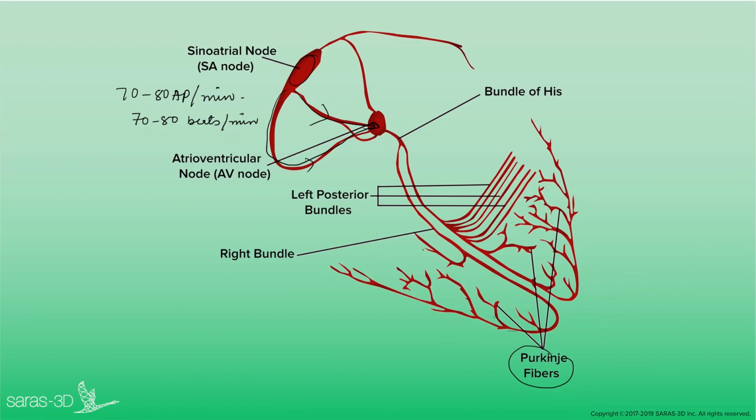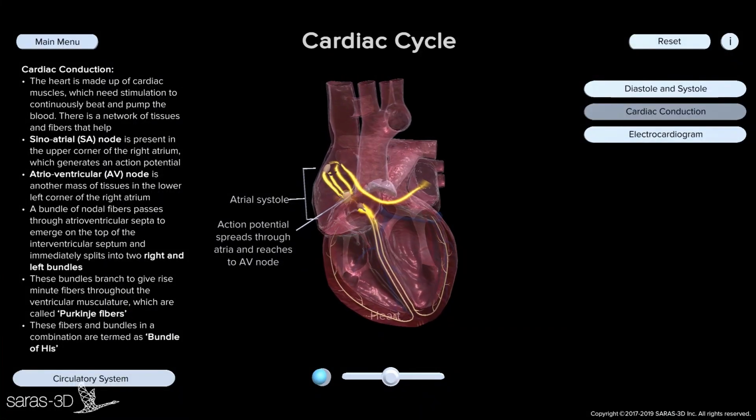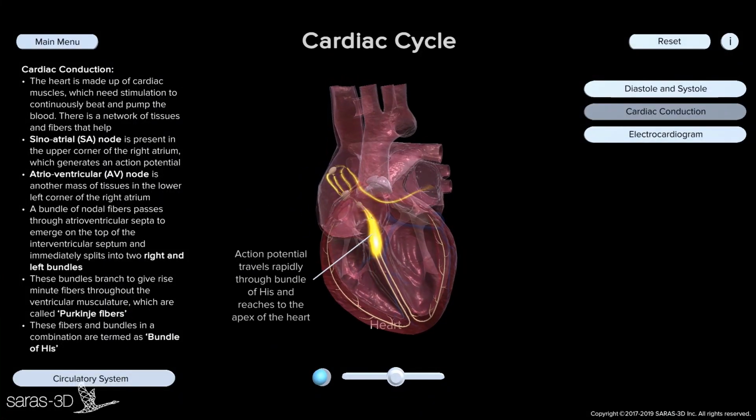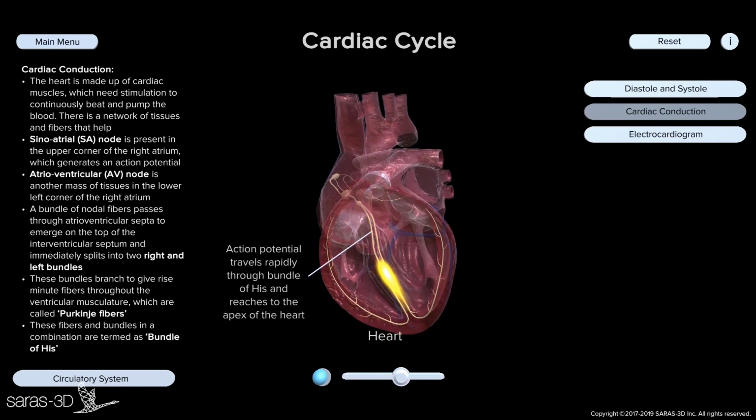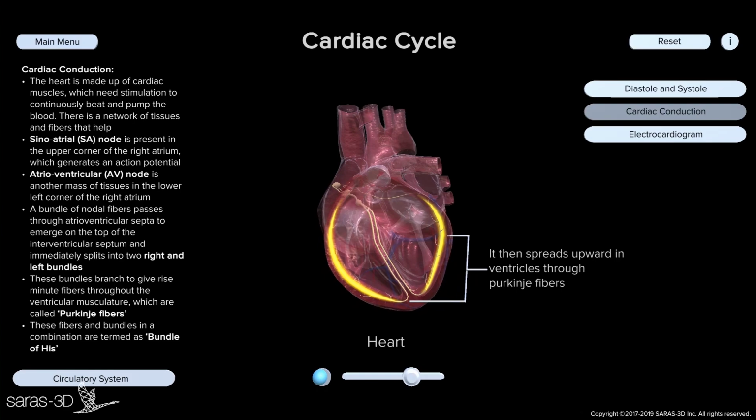So let's see through an animation how this is mediated. Through the conduction pathway, the impulses are sent to the ventricular myocytes, spreading through the Purkinje fibers, which let the ventricles contract in a coordinated manner.